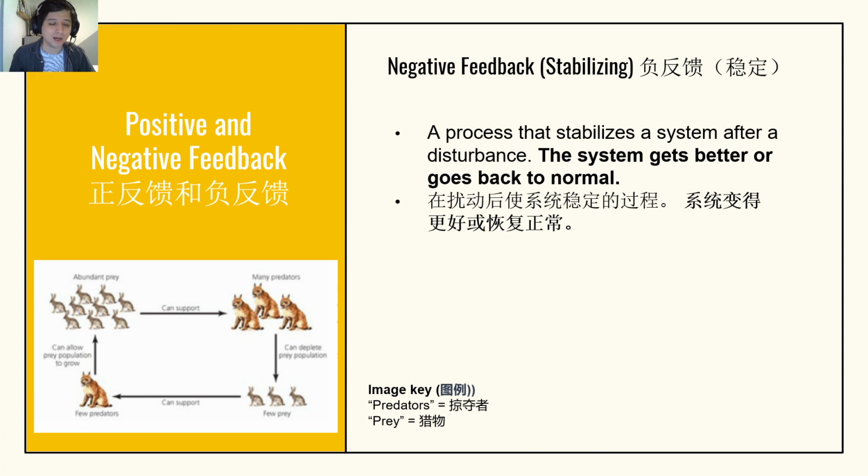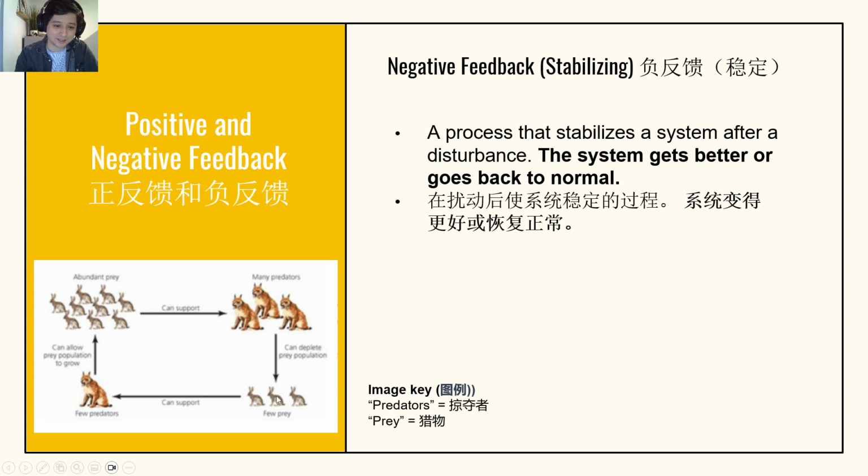So in this example here, we have predator and prey, right? So let's say we're in an area where there's lots of rabbits, there's abundant prey, that can support many predators. Well, if there's now many predators that are born, what happens to the prey? Well, they get eaten.